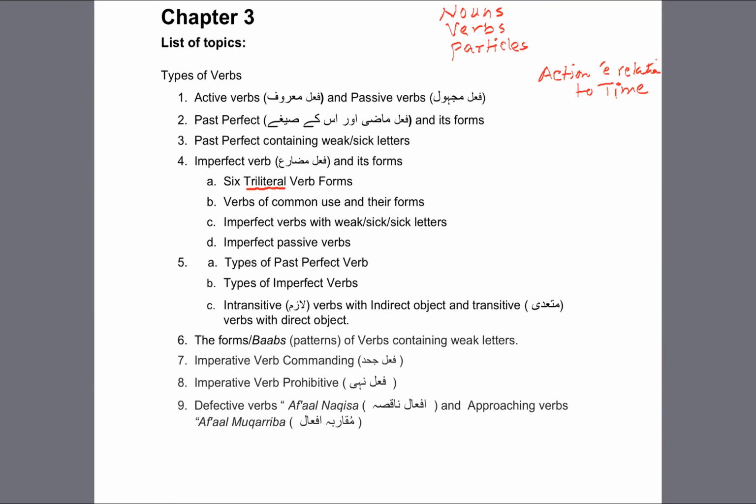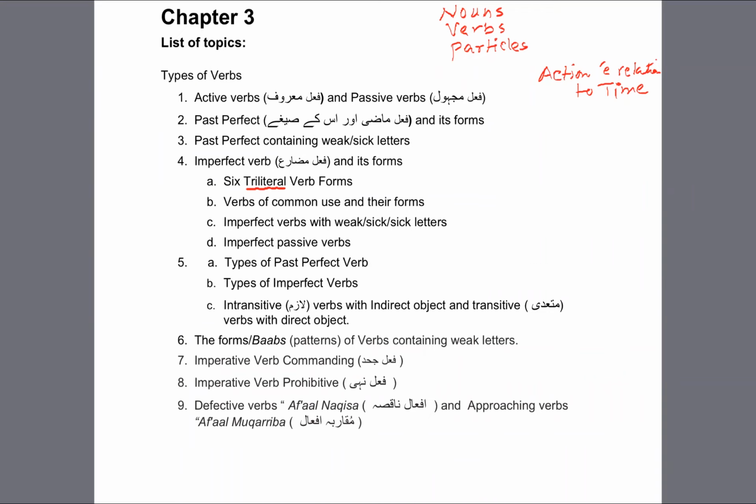The forms or babs, bab means a door or chapter, patterns of verbs containing weak letters, imperative verb commanding, imperative verb prohibitive, and defective verbs, that's known as af'ale naqisa, means defective, and approaching verbs, that's af'ale muqariba.